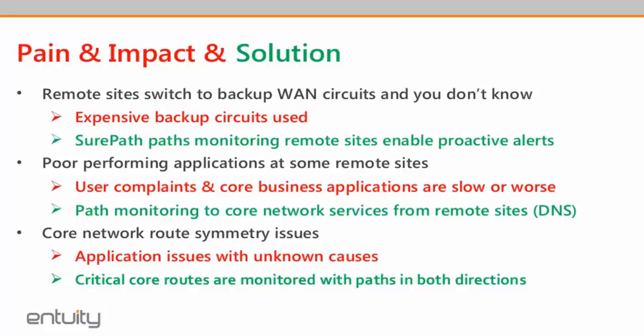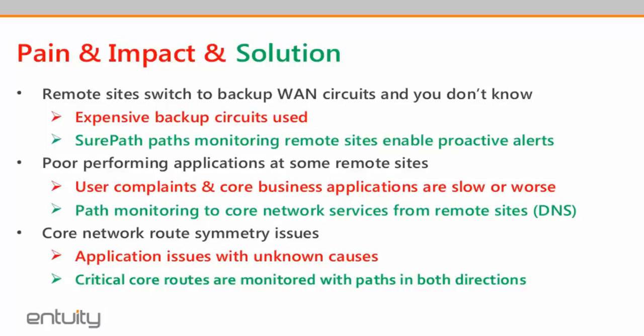The backup circuits are typically much more expensive than the dedicated primary circuits. SurePath allows monitoring of remote sites, and you can actually set a reference path. So if the path deviates from the primary to a backup WAN circuit, you'll be automatically notified that the path has changed.